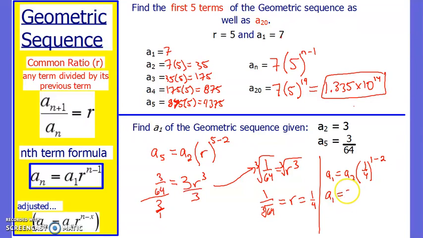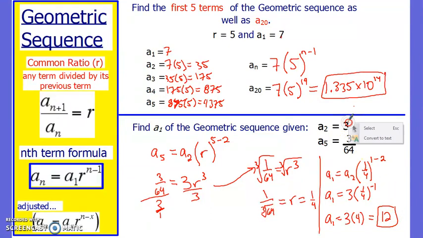A sub 2 was 3 times 1/4 raised to the negative 1, which basically is 3 times the reciprocal, or times 4, and a sub 1 should be equal to 12, which kind of makes sense. If we're multiplying by 1/4, 1/4 of 12 would have been 3, times a fourth, times a fourth, times a fourth would have been 3/64. We're getting all the correct terms.